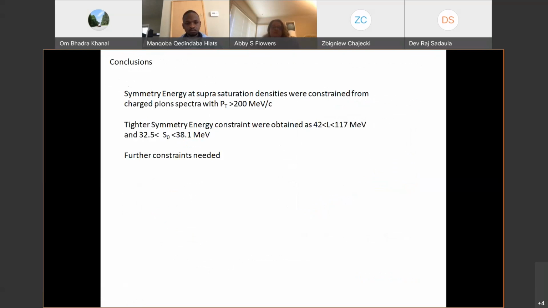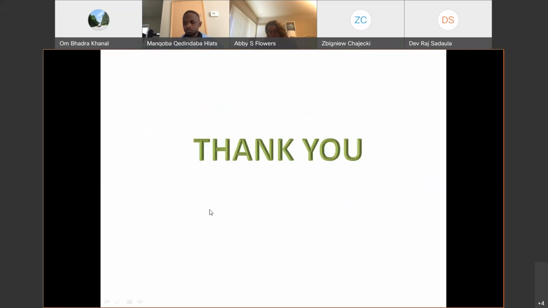And then we calculated some single ratios, we calculated some double ratios, and at the end of the day, we are concluding the following: the symmetry energy at suprasaturation density was constrained for transverse momentum greater than 200 MeV per c, and tighter symmetry energy constraints were obtained with L lying within this range and S0 lying within this range. And although we have some constraints at higher density from this experiment, further constraints are needed in order to get a better value of L and S0. Thank you.